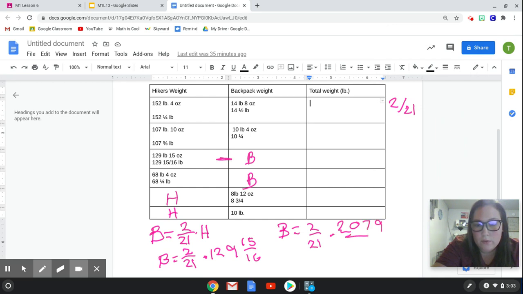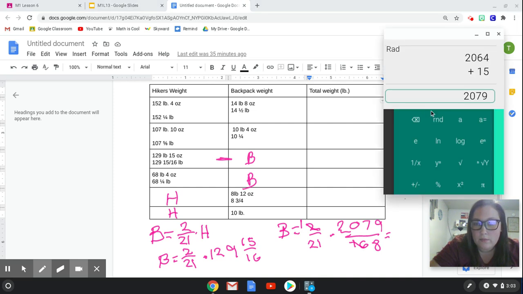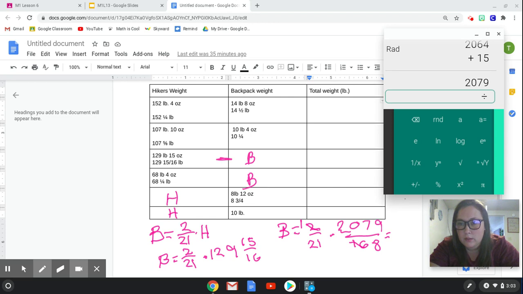And that equals 2079 over 16. I would simplify, that's 1, that's 8, and I'm going to have 2079 divided by 21 times 8.